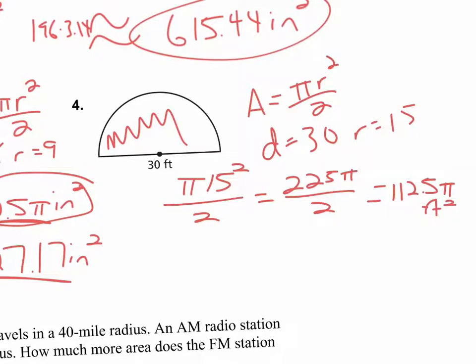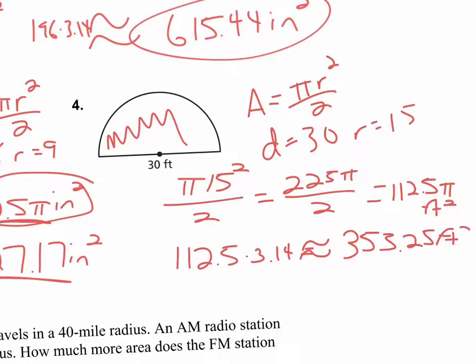To find the approximate, I'm going to take that 112.5 times that 3.14, and you end up with approximately 353.25. You see how I'm only doing the squiggly lines, not the straight lines? It's because it's approximately, it's not exactly an answer. And again, it's feet squared.